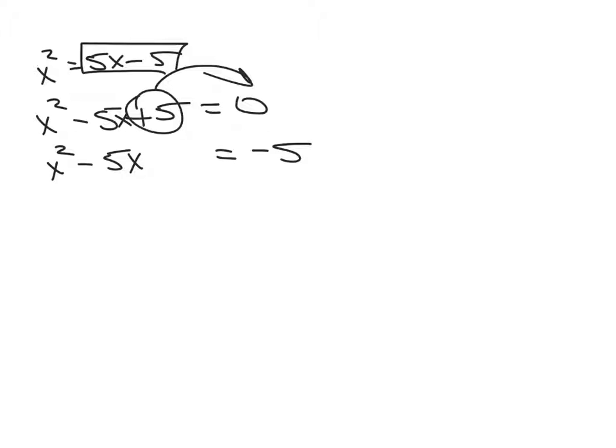Once you get going on this, you're just going to move the 5x over, and you could have left this 5 on the right, but we didn't. So now we're going to take half of 5. Well, the 5 over 1 is the same as 5, and I'm going to take half of that. I double that. So plus, again, always plus, 5 over 2, and then we're going to square it.